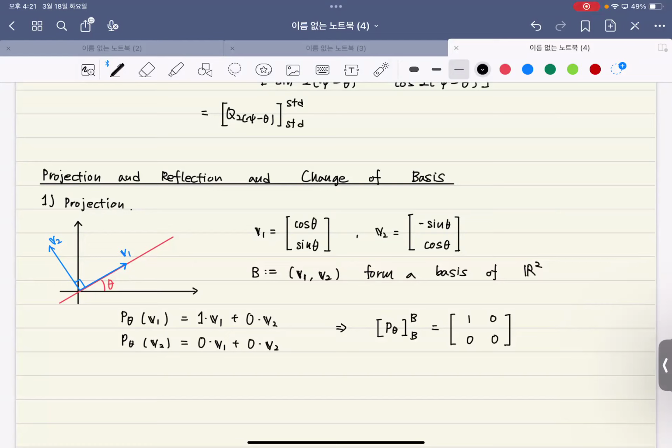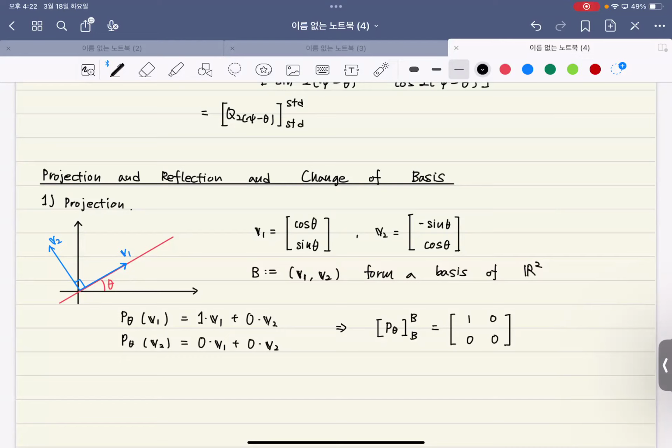Our convention is that the final answer almost always has to be written in terms of the standard basis, and so this is not that good. The choice of basis was not the standard basis. So from this, I will need to find a representation of the same linear transformation in the standard basis.